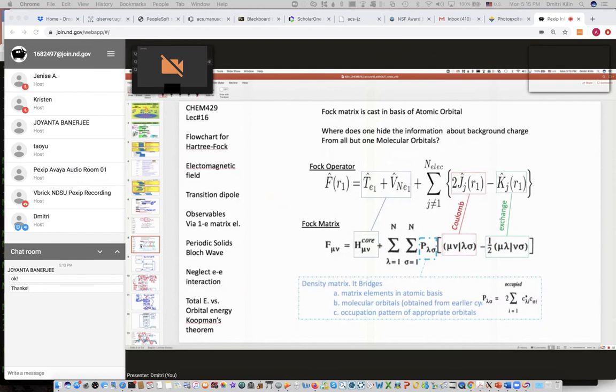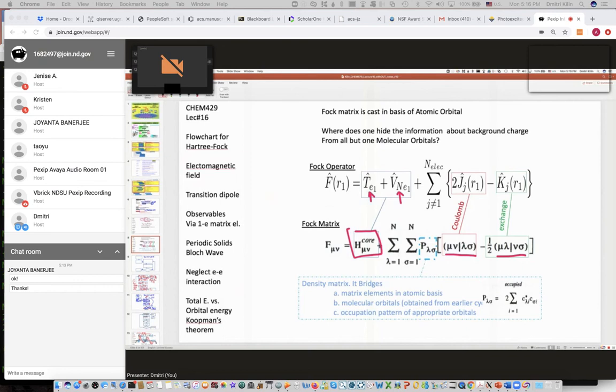If one would look into the manual for the Gaussian software, they would see this expression for the Fock matrix written in the following way. The core part corresponds to the kinetic energy of one electron and the attraction of electrons to nuclei, and then the electron-electron interaction is written in terms of Coulomb and exchange interaction between atomic orbitals, which are labeled by these Greek letters.